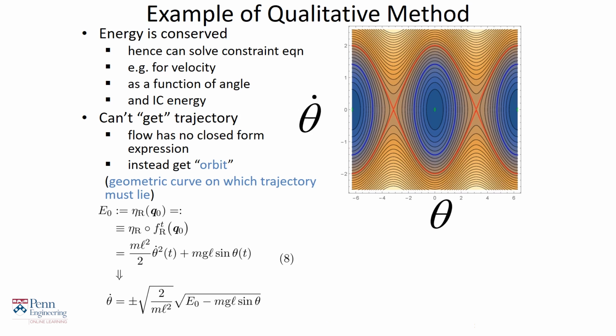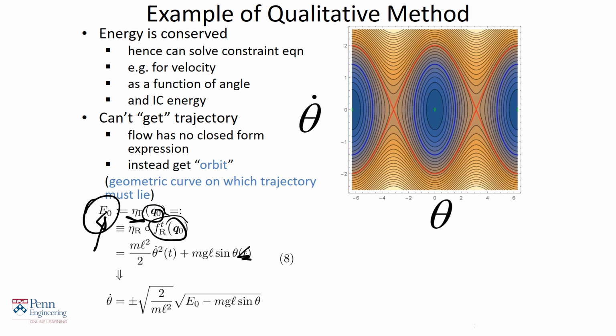Let's just see how that works. We know that whatever initial condition we started in, the total energy is conserved. Let's call that total energy E sub 0. The total energy along the trajectory, even though we can't get what that trajectory is, has to constantly be equal to E0, the initial energy, because energy is conserved. Let me therefore solve at any time.